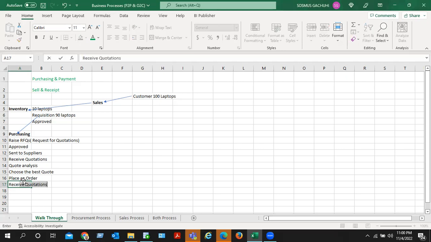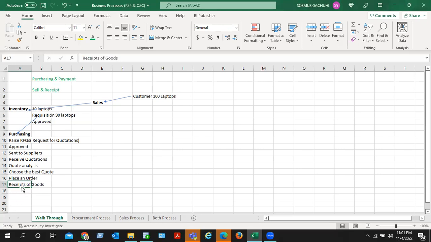So there will be a receipt, call it receipt of goods, in the organization. This receipt of goods will, of course, be listed under the inventory department, but the functionality is under purchasing.